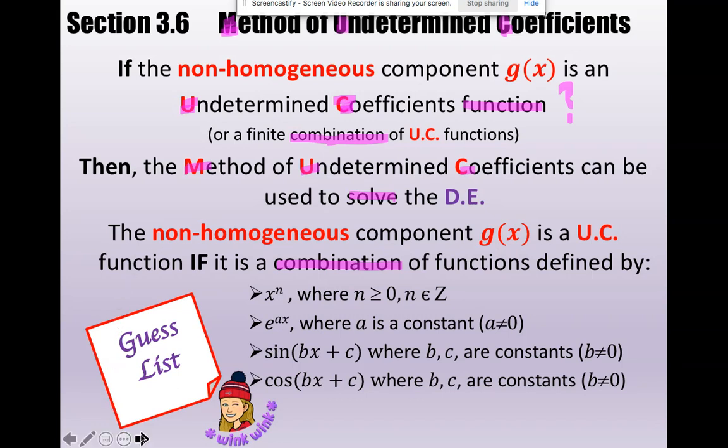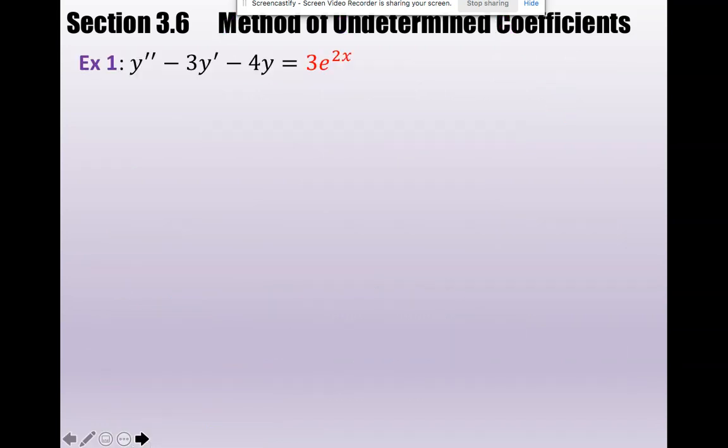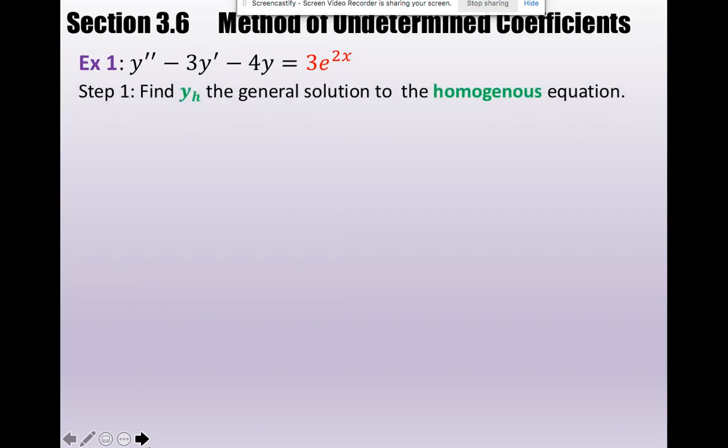So let's just dive into an example. You ready? Let's go. So notice the left-hand side should look familiar. Step 1, find the general solution to the homogeneous equation, which means you take the equation and don't set it equal to 3e to the 2x, set it equal to 0.